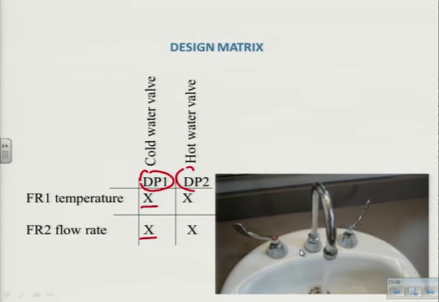And when I adjust the hot water valve going down here, that changes the temperature and the flow rate. So this is a fully coupled design. So I don't have good independence, and every time I go to, say, change one of these things, I'm apt to get unintended consequences.